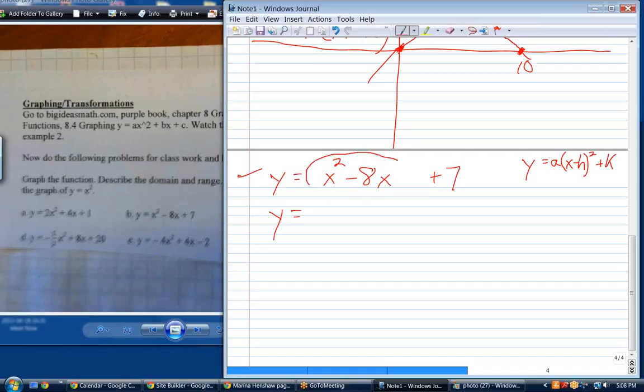We complete the square using just that part there. How do you complete the square?